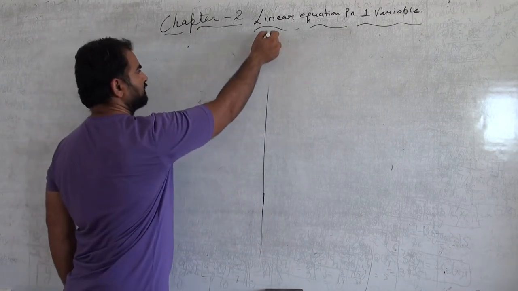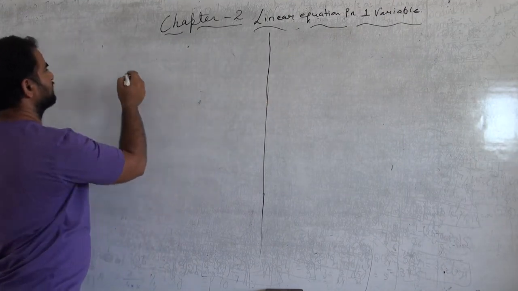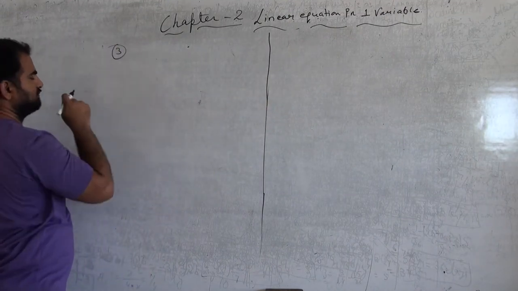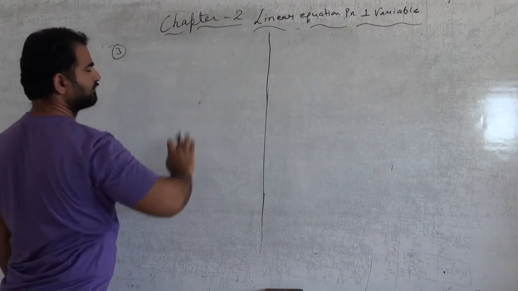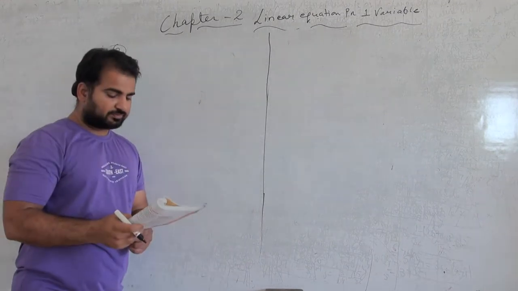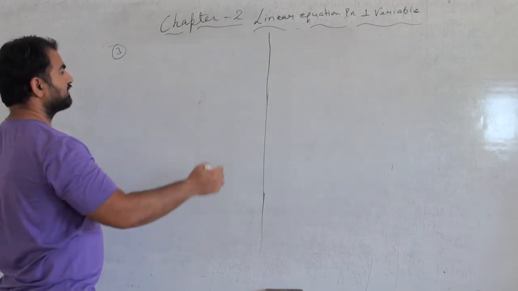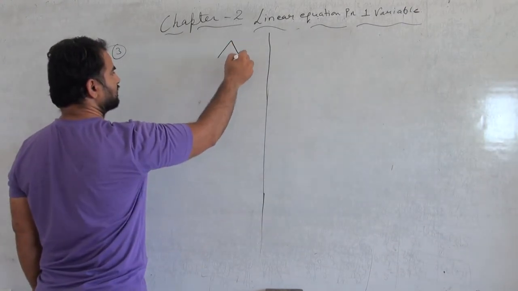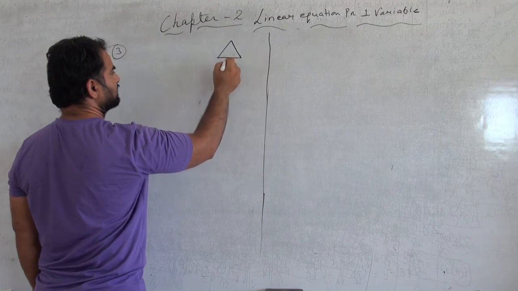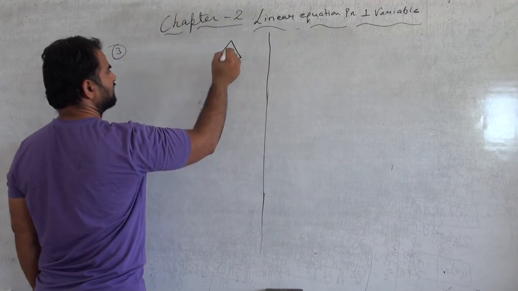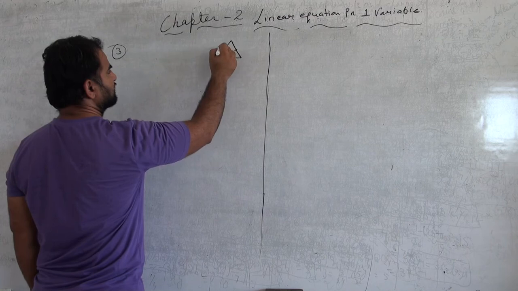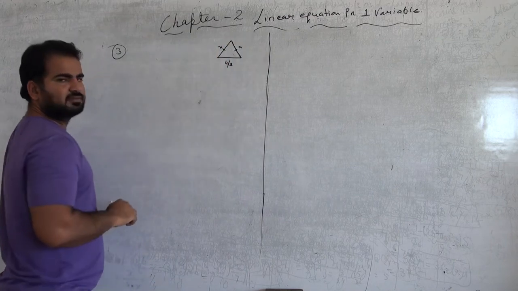Question number 3. The base of an isosceles triangle is 4 by 3. So I am making a rough diagram. This base is 4 by 3. This side and this side are equal, so it will be x, it will also be x.